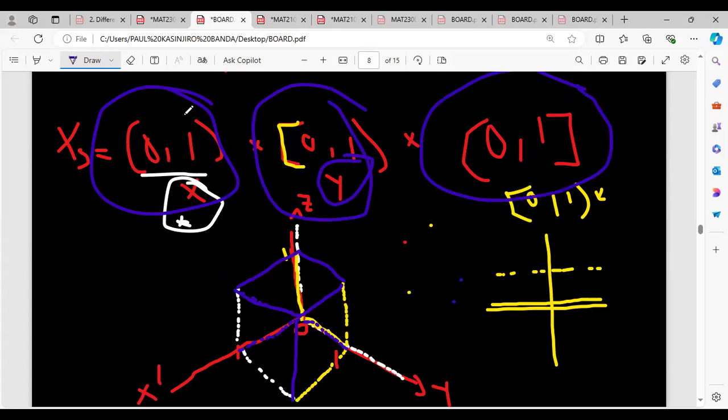So for us to plot this interval in the x, since we are now using 3 dimensions, we are just drawing lines that will be parallel to both the y-axis and the z-axis. And if you are drawing for the y, you're drawing lines that are parallel to the x and the z. And if you're drawing for the z, you're drawing lines that are parallel to the x and the y. That is the concept that I'm using here.